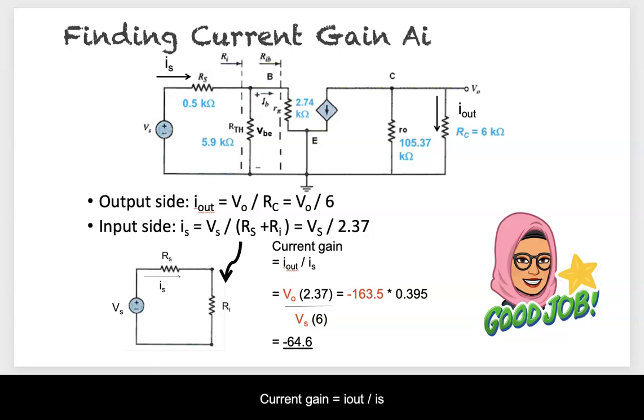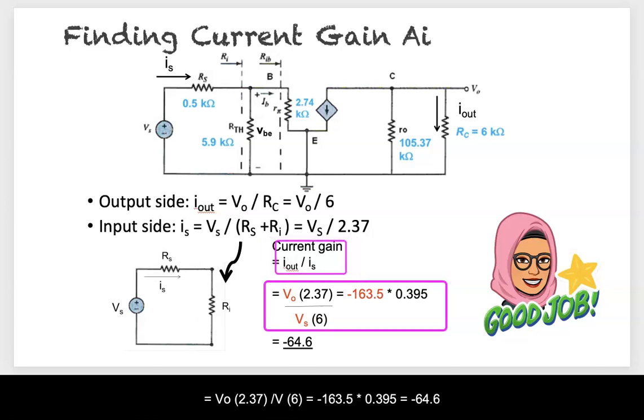Therefore, the current gain Ai is equal to Iout over Is, which is equal to Vout times 2.37 over Vs times 6, and this is equal to minus 163.5 times 0.395, and the current gain is minus 64.6.